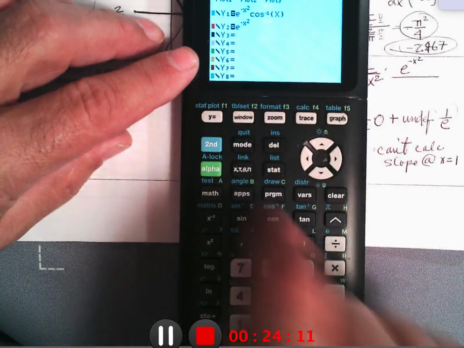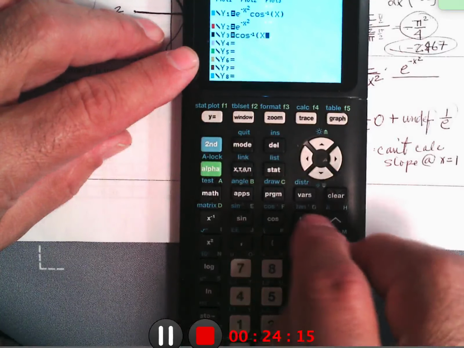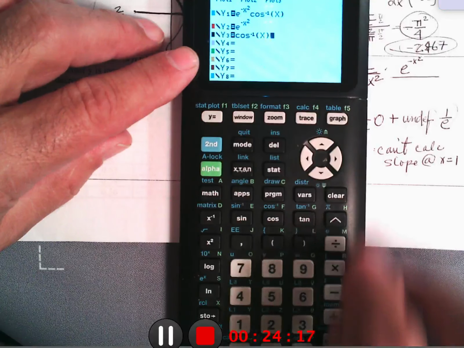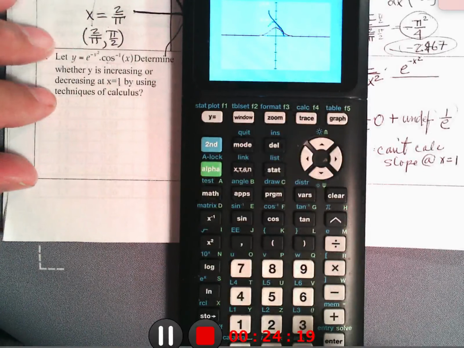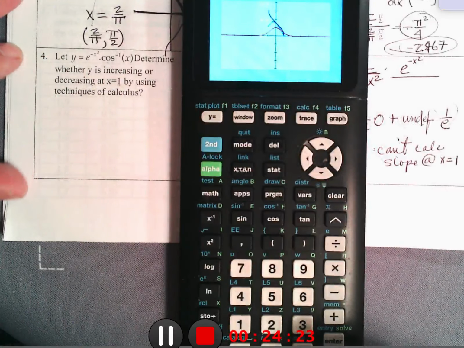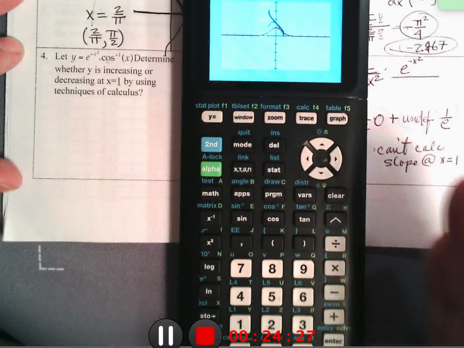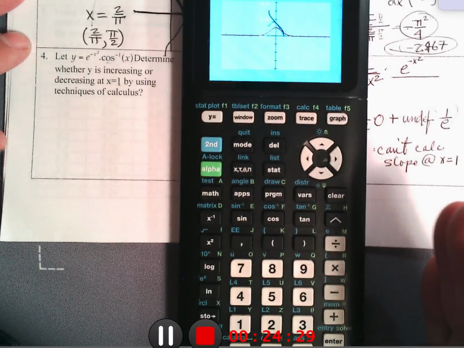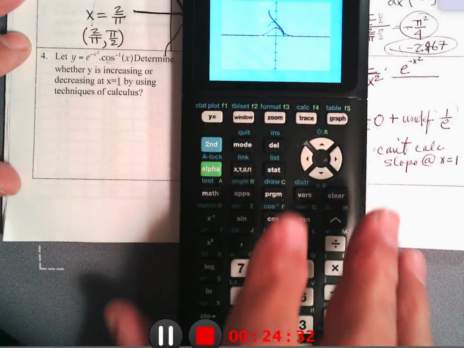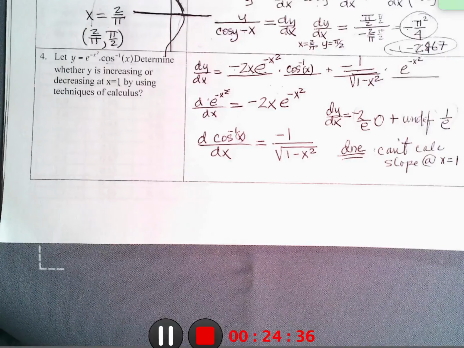Cosine inverse of x, and push graph. You see how the cosine inverse ends at 1. If it ends at 1, you cannot find the derivative because it would not have a right-hand limit. So that's why we're getting no slope there. Okay?